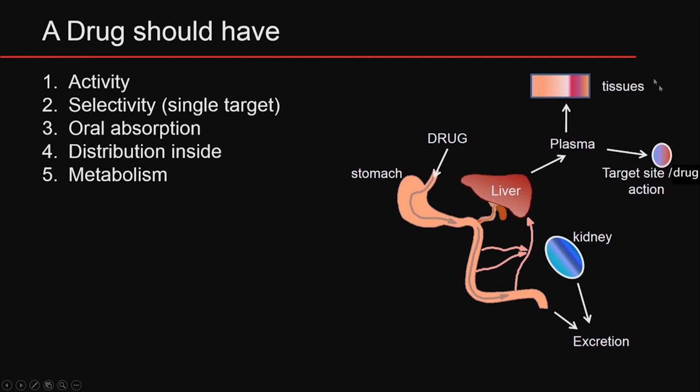So a lot of things happen for the drug when it moves from oral intake to the target site, things like absorption, distribution, metabolism, because it gets metabolized inside the body by enzymes like oxidoreductases, lipases, actually esterases and so on.